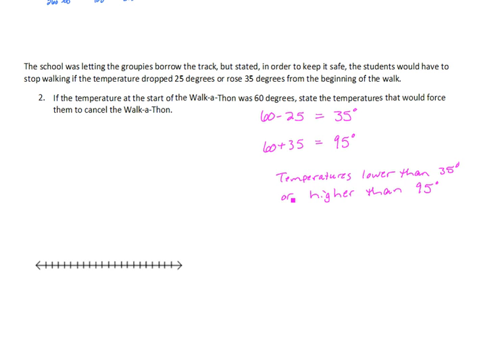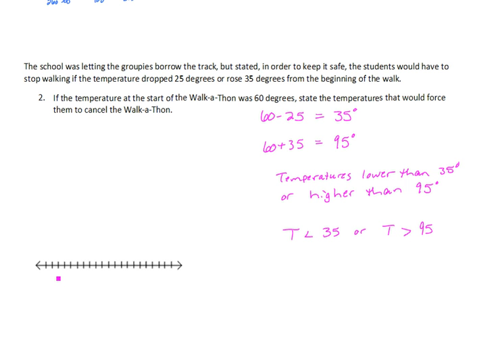Again, let's go back to looking at what we've dealt with these last couple sections. If we had temperatures lower than 35 degrees or temperatures higher than 95 degrees, since we have an or, we are still going to set up our graph the same.